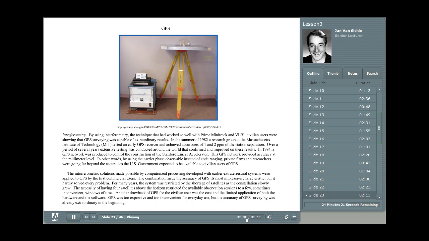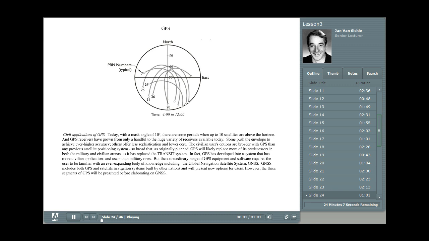And of course, this was possible because of the use of the carrier phase or the carrier beat phase observable. And so it was extraordinary accuracy from the very beginning, from the very first GPS receiver.